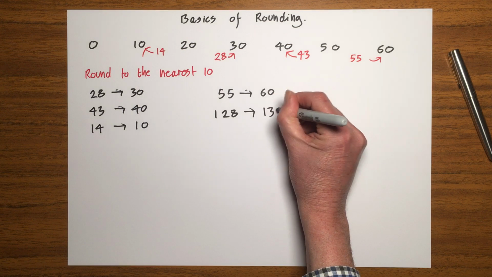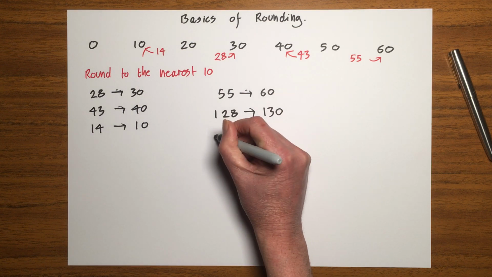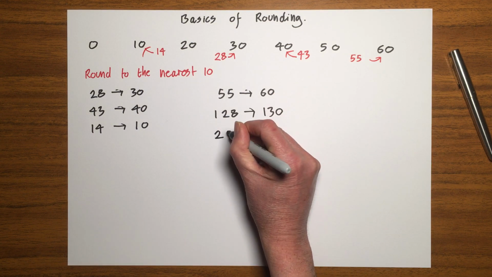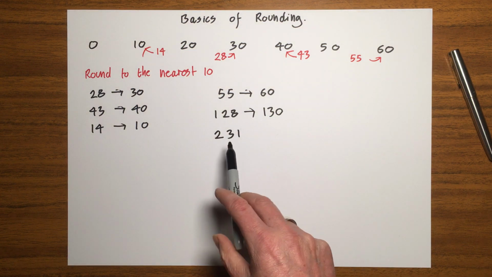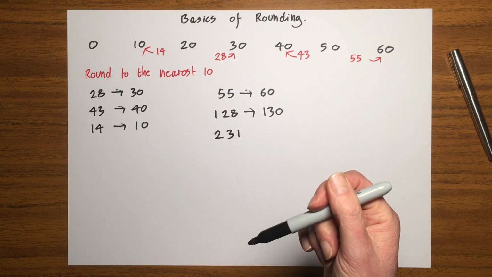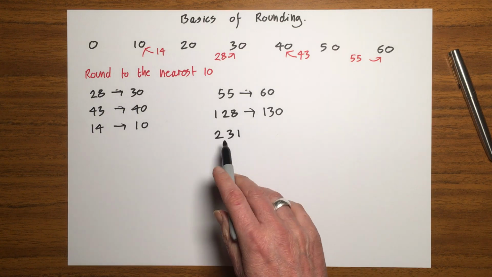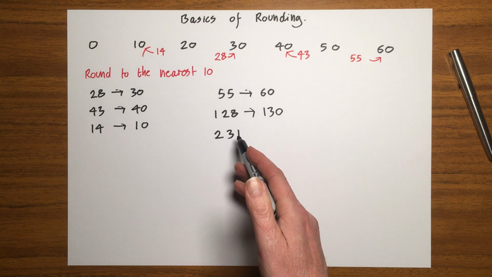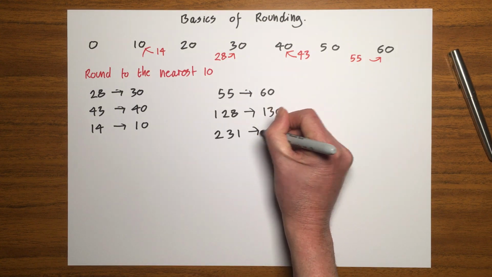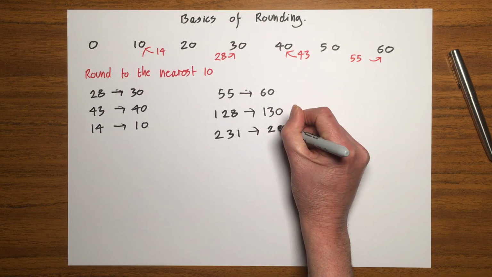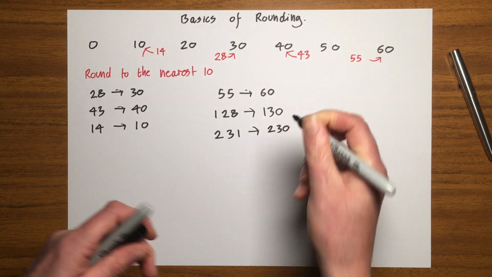So that is what it will round to. Or if I had 231, I'm rounding it either to 230 or up to 240. But in the units column I've got this 1, so I'm closer to 230 than I am to 240. So therefore I round to 230.